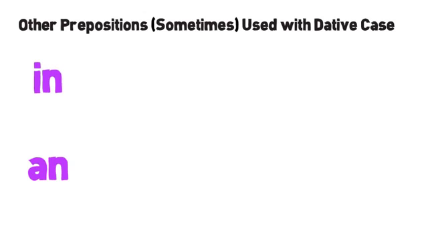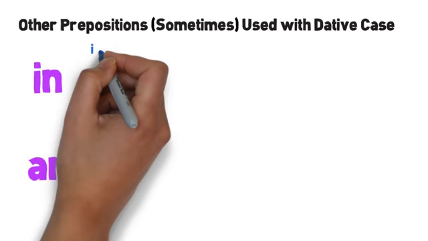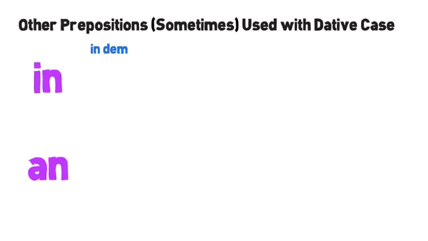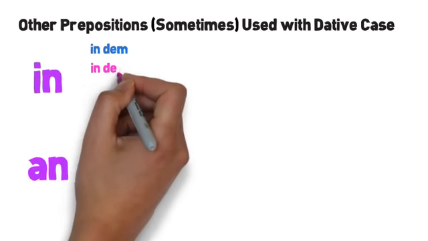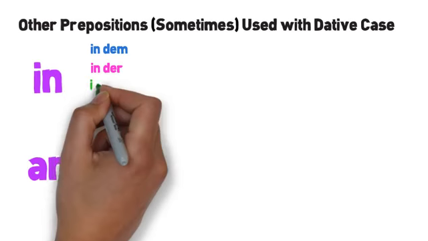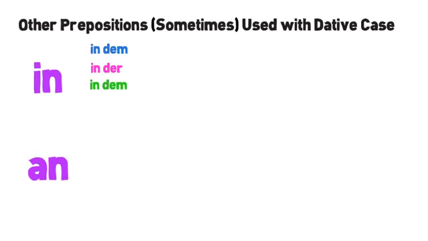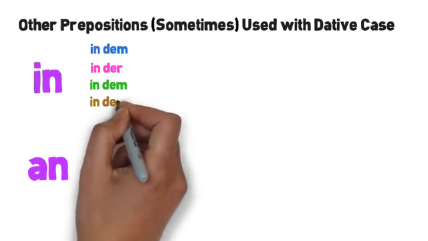You might remember this from phrases like in die Stadt in the accusative case, which means to the city, but in der Stadt in the dative case, which means in the city. If you were saying you want to go to somewhere using in or an, you'd have to use the accusative case. But here we'll be saying where something is using in or an, so we have to use the dative case instead. Here's how this might look.